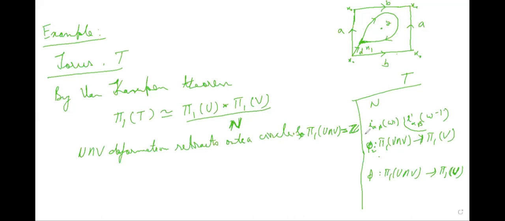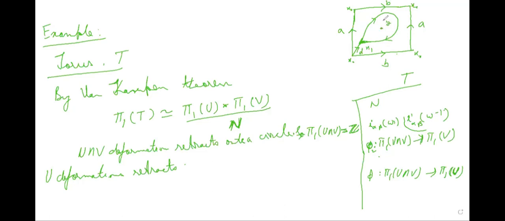So this is Z. Now U deformation retracts. So what is U? U is just this torus with one point Y removed.